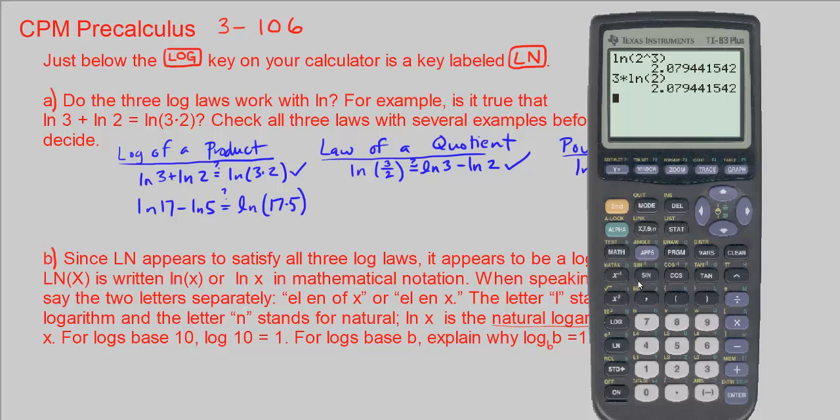I test this: ln of 17, minus, sorry, this is plus, since it's the law of a product, so let me change that to plus ln of 5 and test that, and then test ln of 17 times 5. Yes, those are equal as well. You might want to try a couple of these using the law of a product, using ln, to see whether the three log laws work.